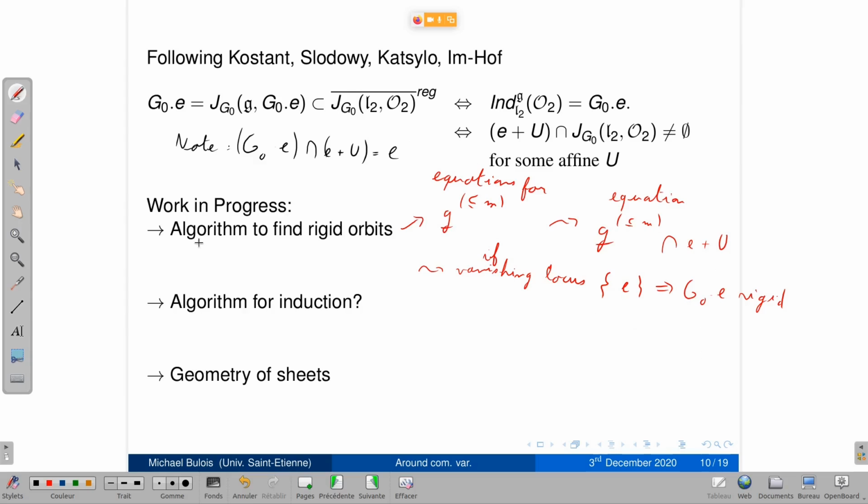So this is an effective algorithm. I've already computed it in all the exceptional cases up to E8. It works.